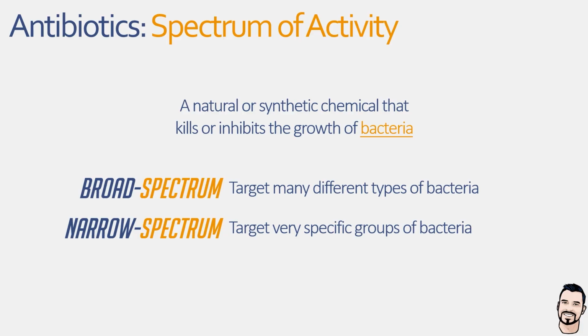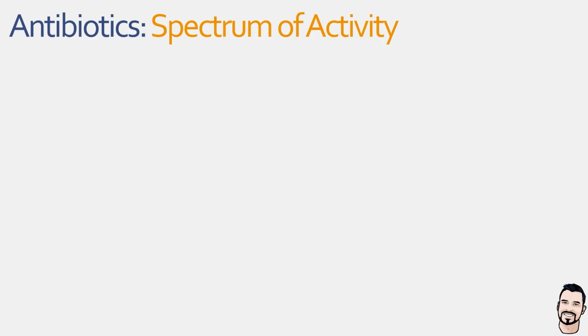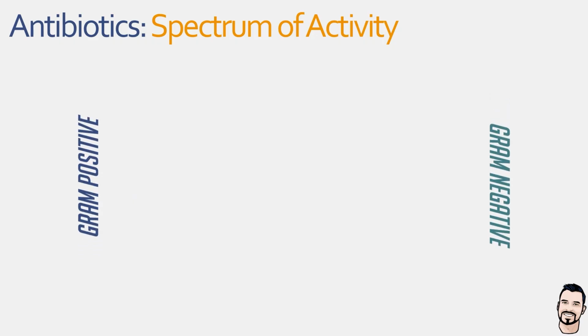And so, one of the key ways we use to differentiate bacterial cells and therefore predict which antibiotics might work is based on their reaction to the gram stain, which divides bacteria into gram-positive and gram-negative groups based on the structure of their cell envelope. This distinction has real clinical value, giving us an early indication of which antibiotics are likely to be effective.